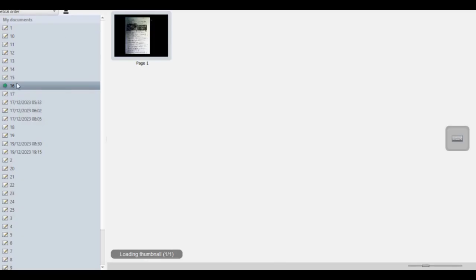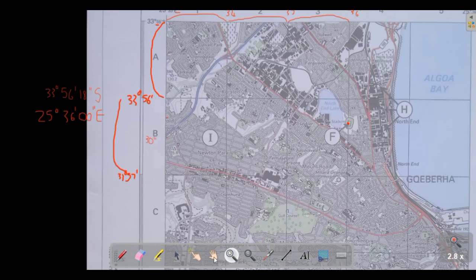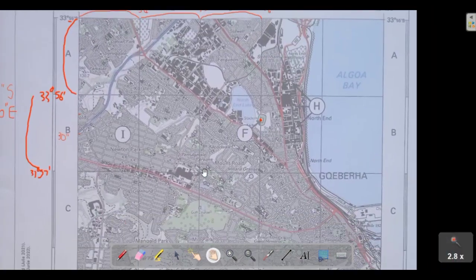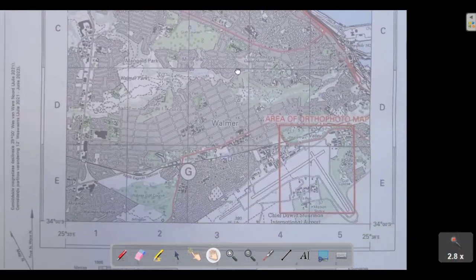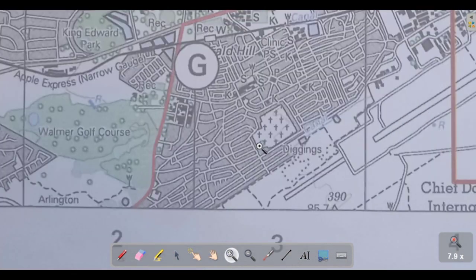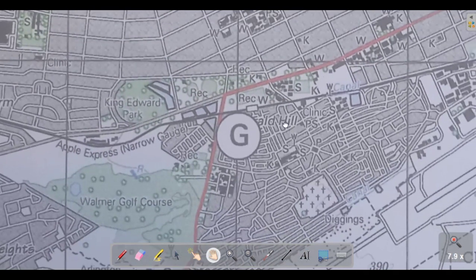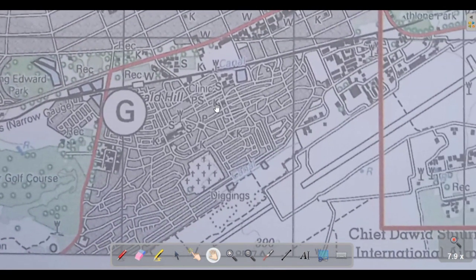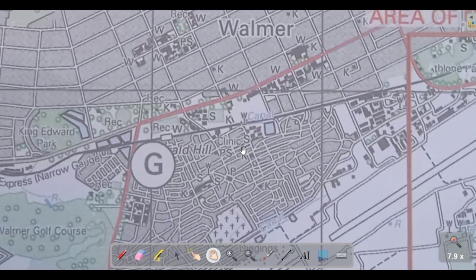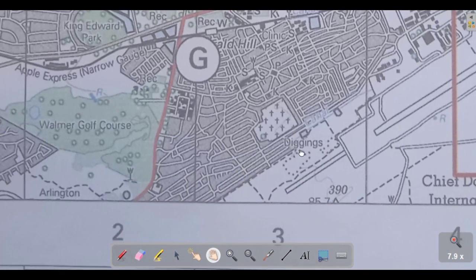So let's look at our topographical map, and we are looking for G here. Where is G, guys? Oh, there we go. There it is. So this is G. Okay, so what do you guys think?